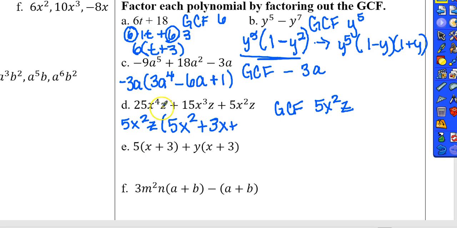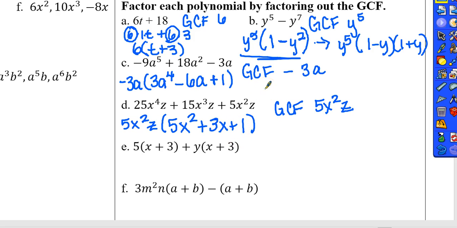And how do I get back to 5x squared z? 1. Nice. And we know we're done. Our trinomial factor here, 5, 3, 1. Nothing in common but 1. We're done. Unless we could continue to factor that, but I'm pretty sure that we'd have to put it in the quadratic to factor it. All right, so there we go.